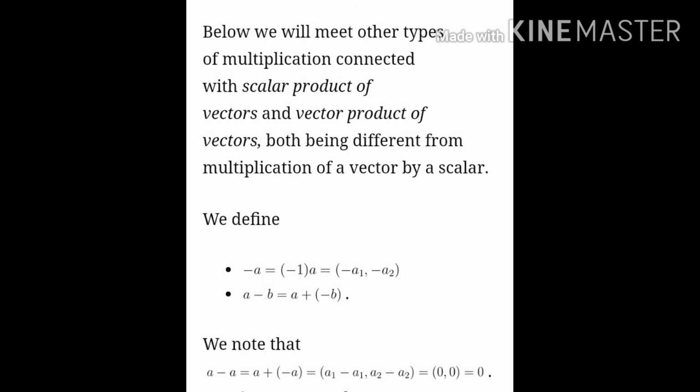We know that a minus a is equal to a plus (minus a), which is (a1 minus a1, a2 minus a2), which is (0, 0), and the final answer is 0. So this is the brief discussion about multiplication of a vector by a real number.